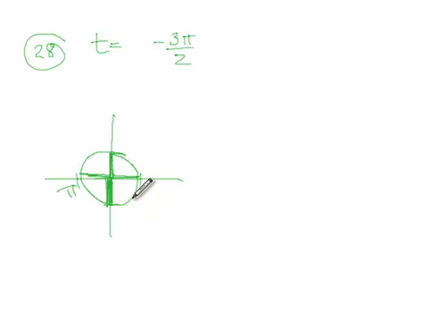So this is -1/2 pi, this is negative pi, and right here is -3/2 pi, which you'll see is kind of corresponding to just 1/2 pi. But this is now the angle that I'm trying to find, so 28 would just be like what I did up above.